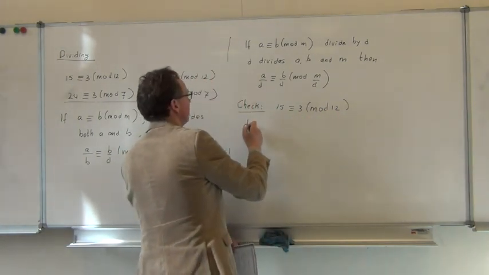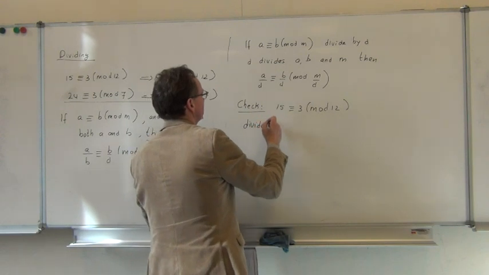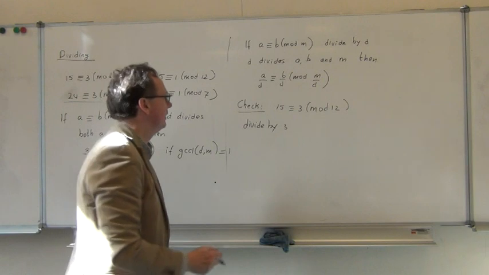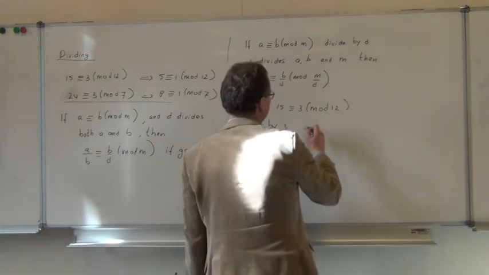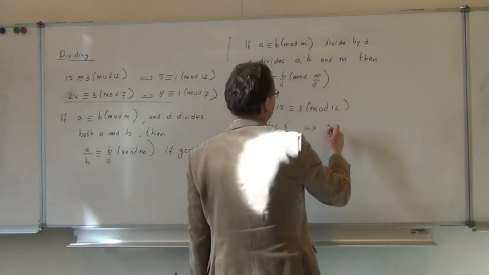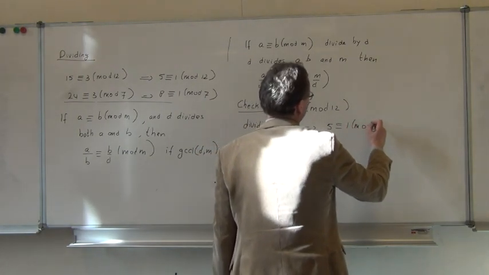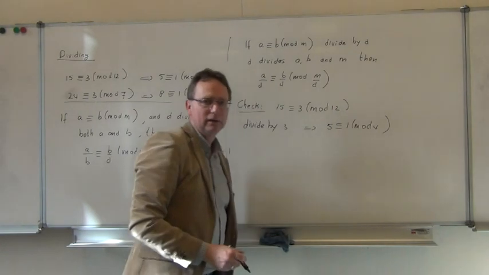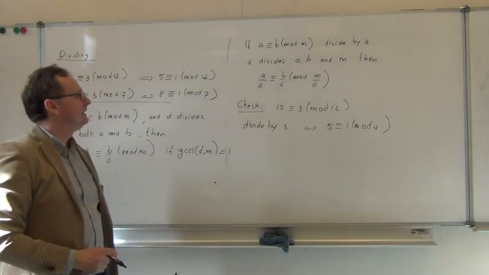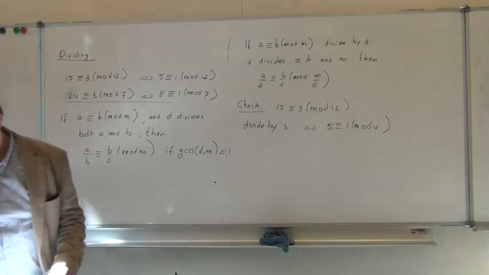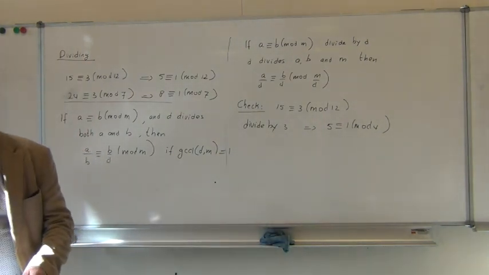So if you divide by 3, then also the 12 must be divided by 3. So you can say therefore 5 congruent 1 modulo 4, and that's true. Yes? So it's a bit more complicated dividing, and we can even take it one step further.